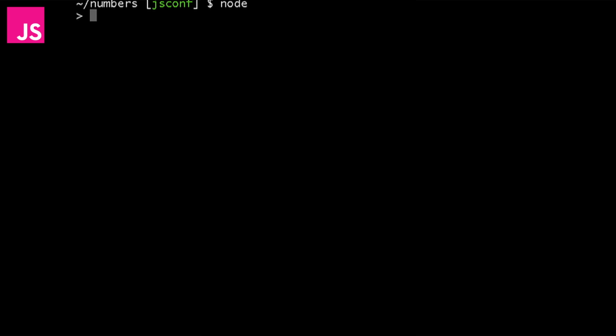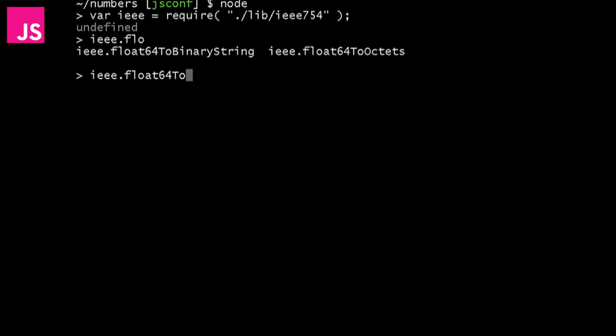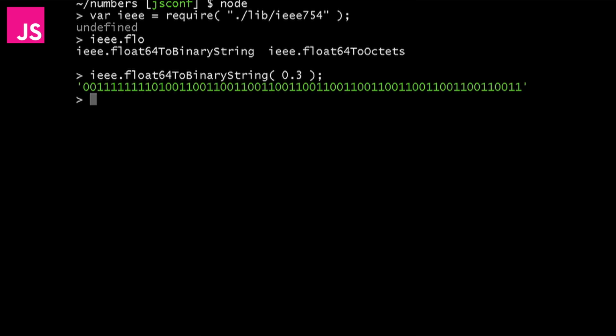But with a little help from my friends, typed arrays, I was able to create myself a little utility function. So now we can turn any number, let's say our 0.3, and see how it looks in its binary representation. So these are all 64 bits of binary representation of number 0.3 in this double precision floating point.